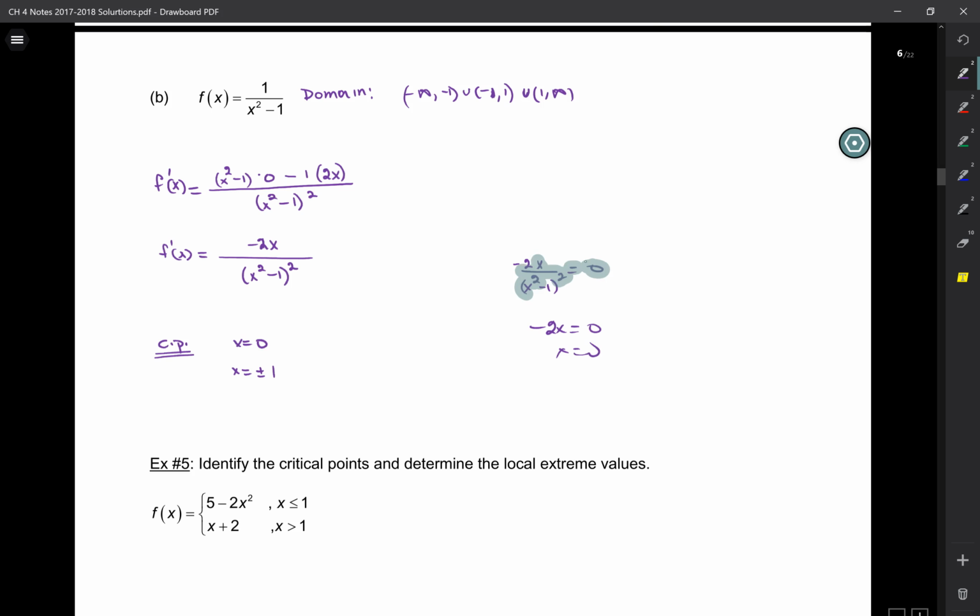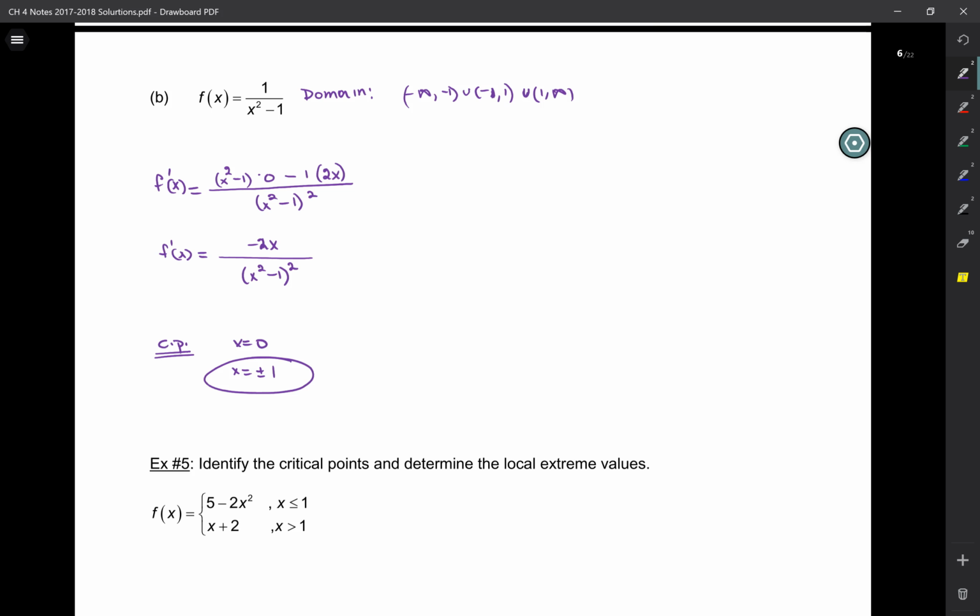Okay, so those are the critical points. By the way, is x equals plus or minus 1 in the domain? No. So not in the domain.